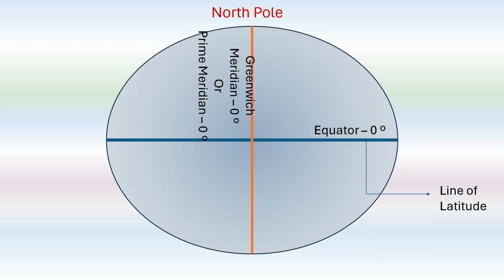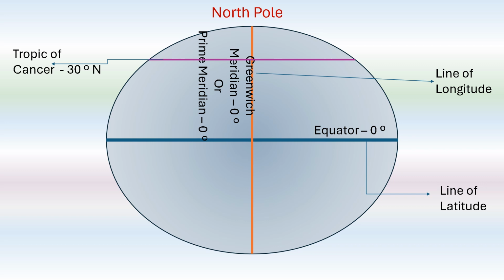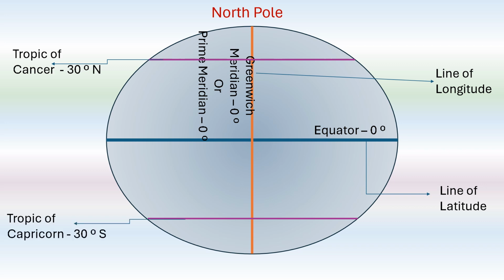So the equator is a line of latitude. The Greenwich meridian is a line of longitude. Then we have another line of latitude, and that is called the Tropic of Cancer. It's 30 degrees north. And we have the Tropic of Capricorn, which is 30 degrees south.